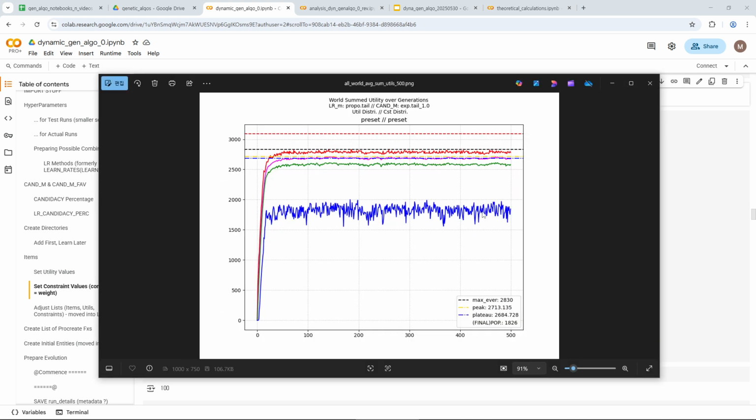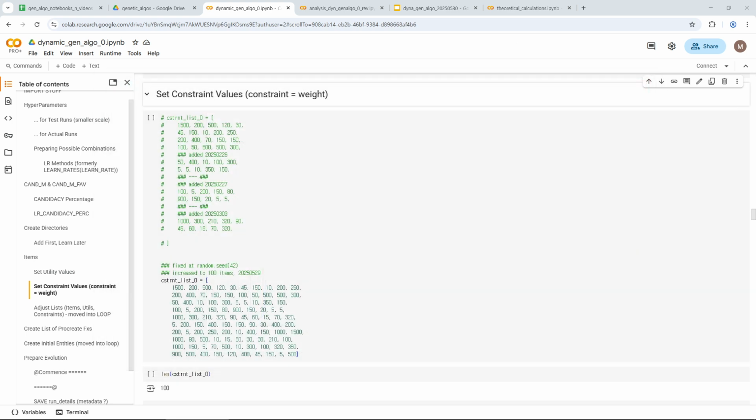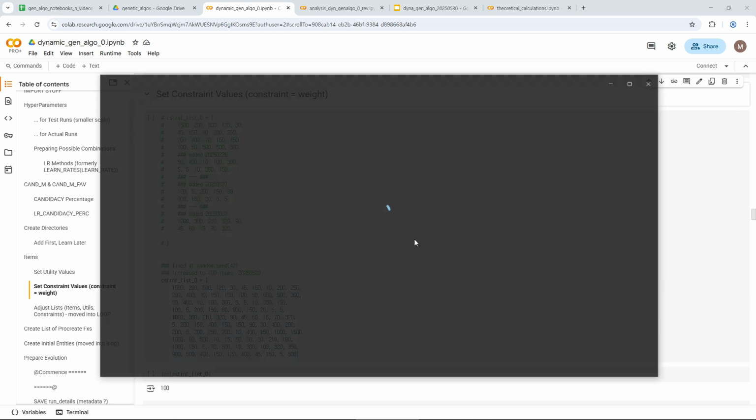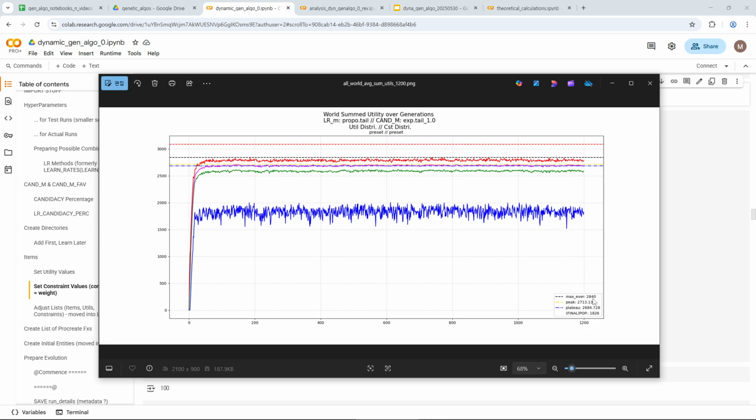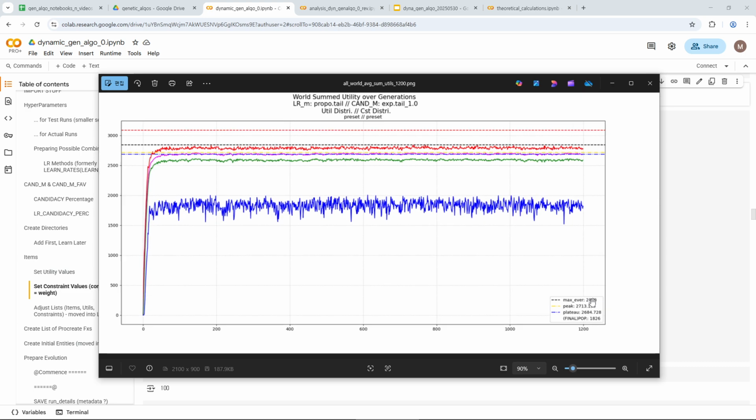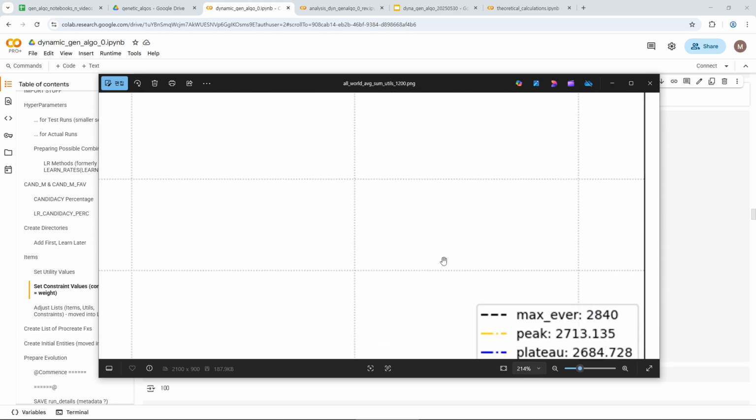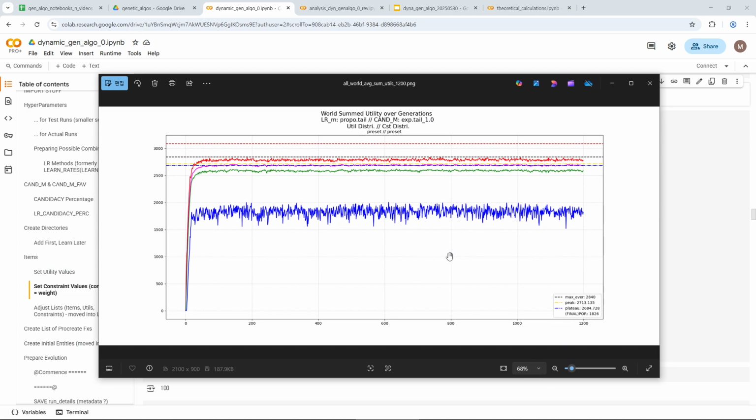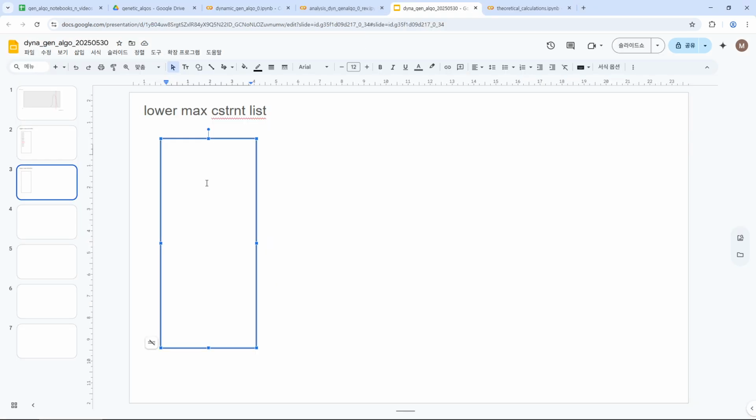And this is what happened. The maximum ever in this case was 2840, but we don't know because this is again uncharted territory. So we go back and write 2840.